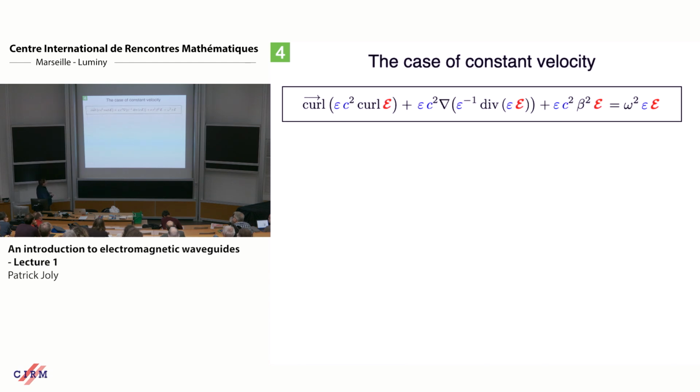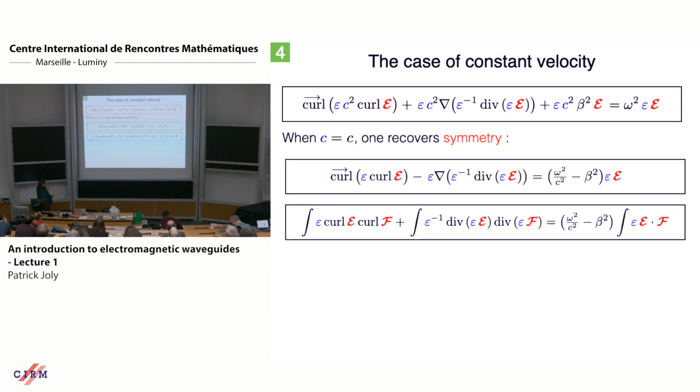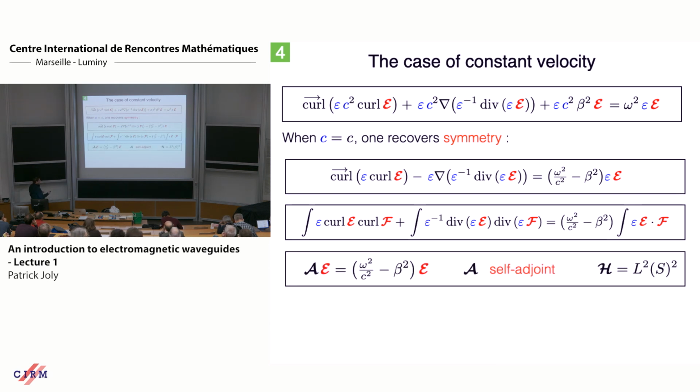So what you can do when c square is a constant, you can simply divide everything by c square, and you reconstruct a problem in which, as in the acoustic case, you have a nice symmetric self-adjoint operator, and the eigenvalue is again omega square divided by c square minus beta square, and this is the corresponding weak formulation. And in operator form, you can rewrite it as a self-adjoint eigenvalue problem that does not depend on any parameters. The parameters are in the eigenvalue.